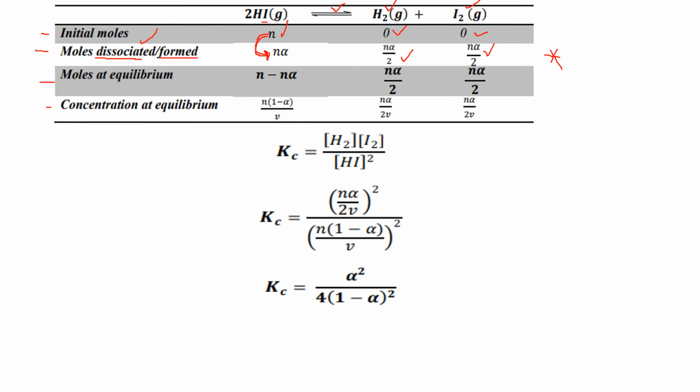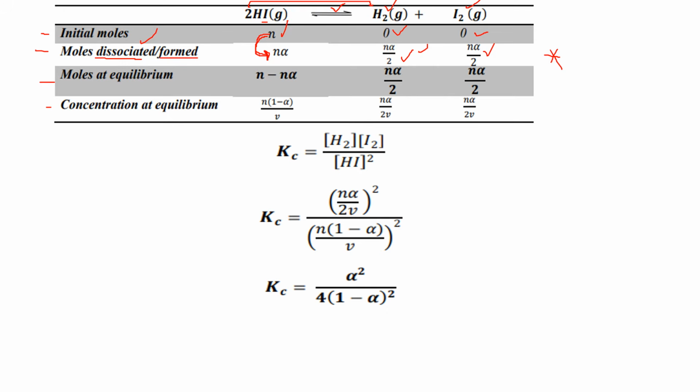So now to get the number of moles formed for hydrogen and iodine, we are going to use mole ratio. Going to mole ratio, we see that 2 moles of hydrogen iodide reacted to form 1 mole of hydrogen. So what's going to be the number of moles of hydrogen gas that were formed? By mole ratio, you find 1/2 multiplied by the number of moles dissociated for hydrogen iodide, and that's going to end up with N alpha divided by 2.